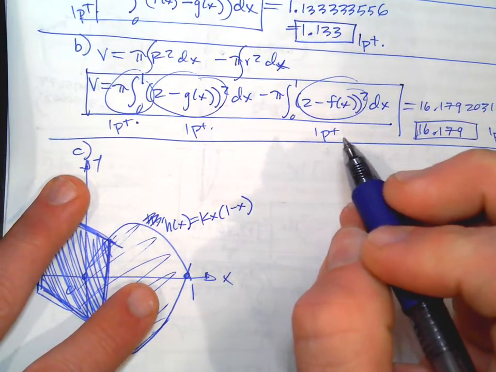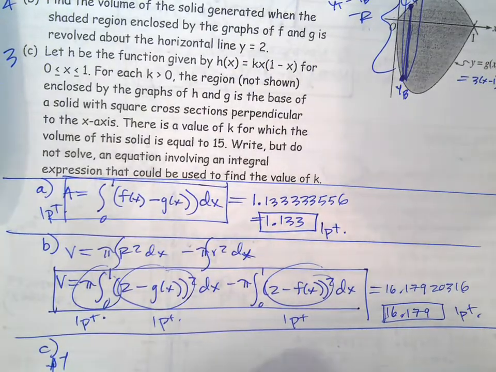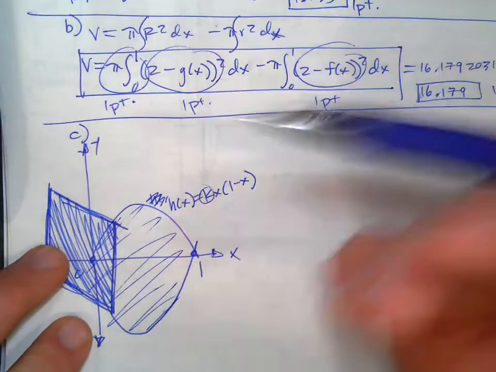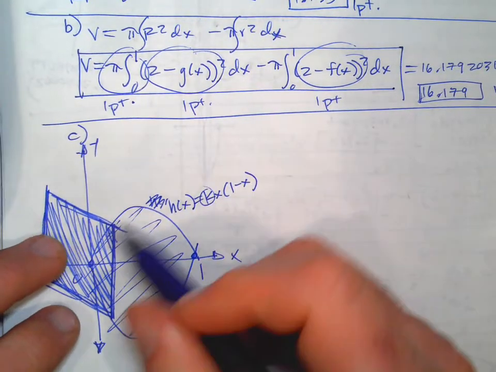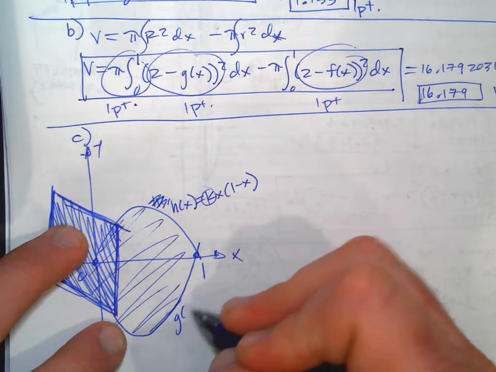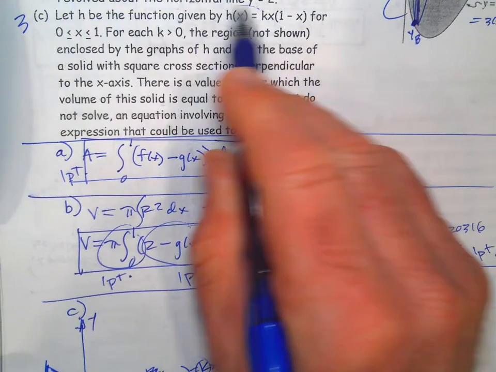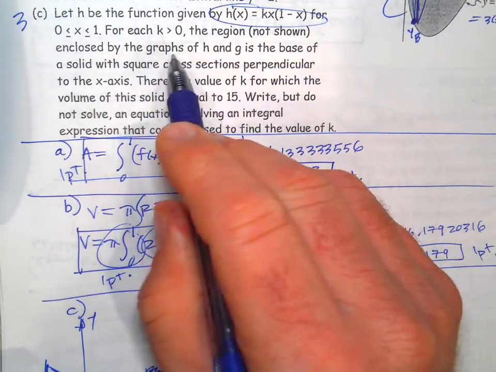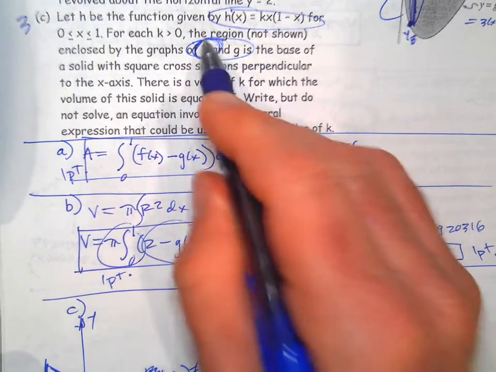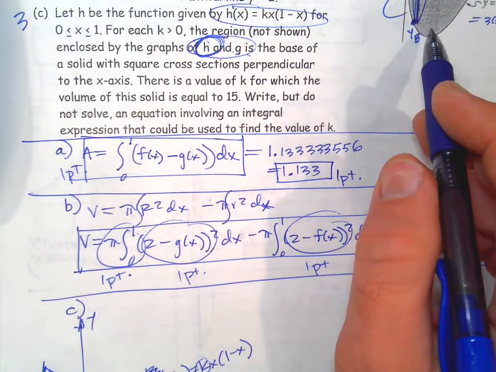It's pretty much like the original f of x function, but it has a k instead, which is just going to be a different number. It's going to make it taller or shorter. So just roughly, we can graph it the same. And then this is still g of x. So they're introducing this new h of x. This is enclosed by the graphs of h and g. So this is that new one, and g is the bottom one from before.